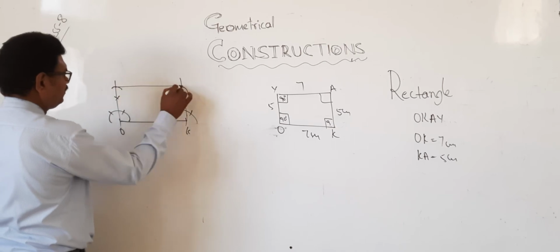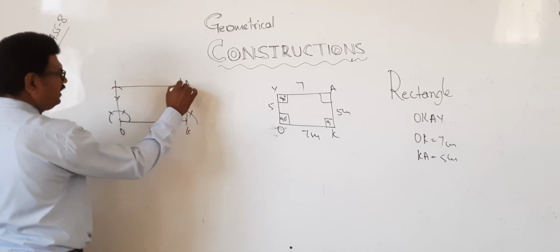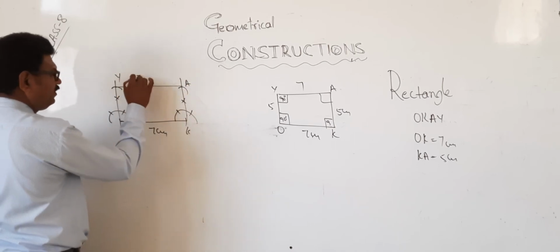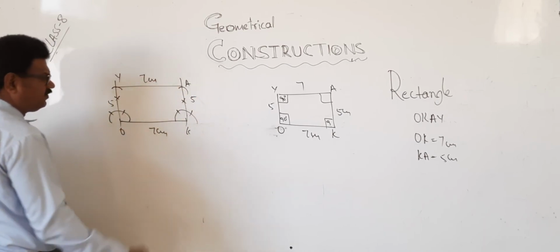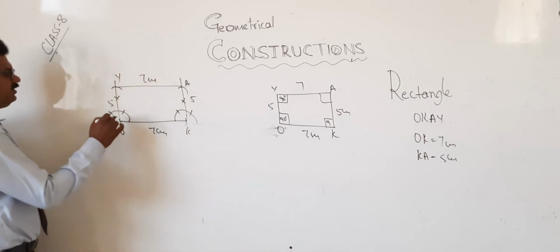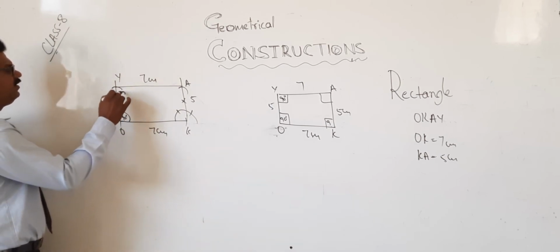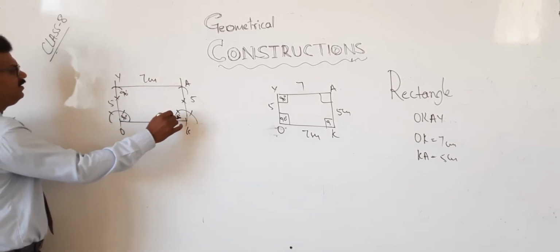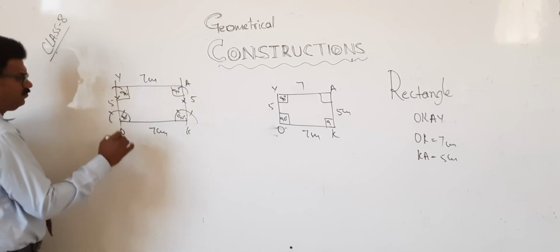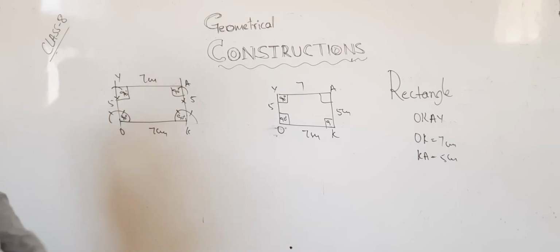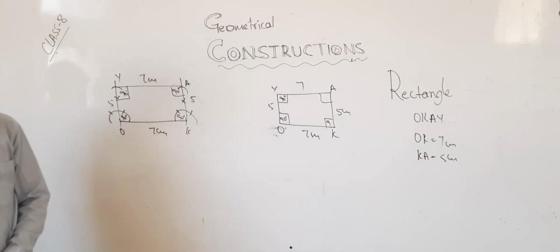Therefore, AY 7 centimeters, 5 centimeters, 5 centimeters. And this is 90, 90, 90. Okay na? Very simple, rectangle means yes.